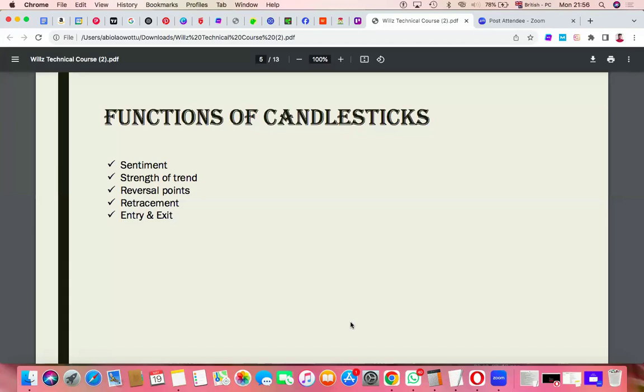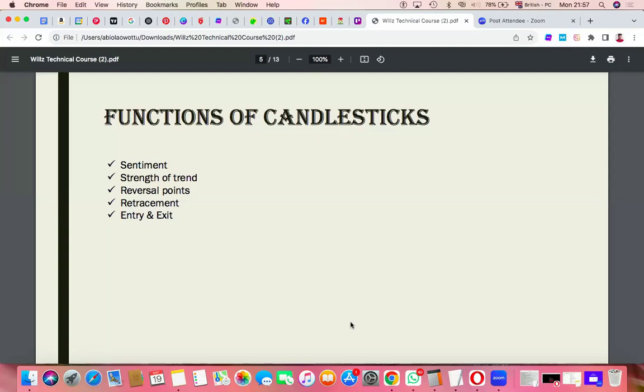Sentiment has to do with how traders or particular communities in the market are feeling. At times candlesticks can also portray strength in a trend.